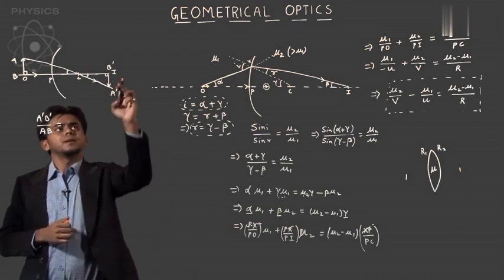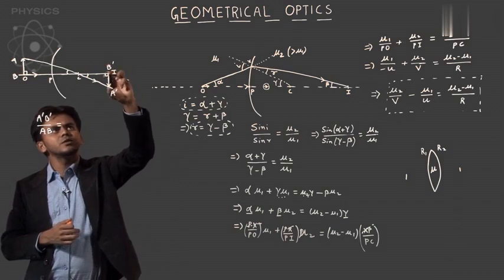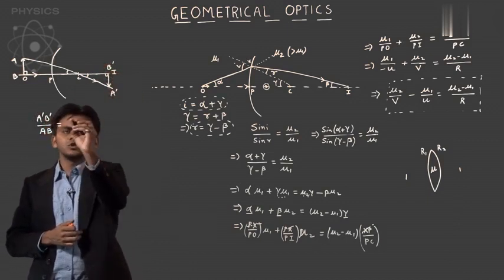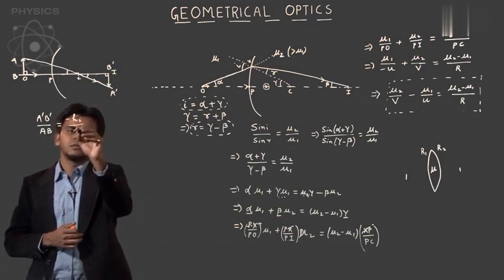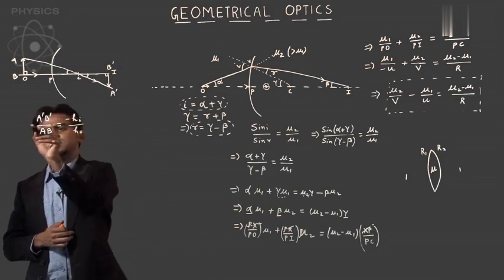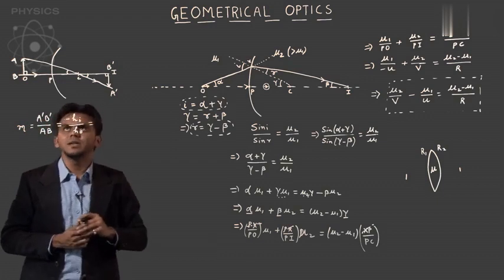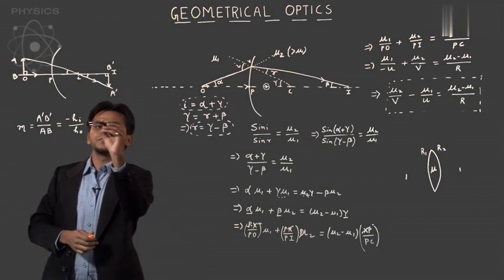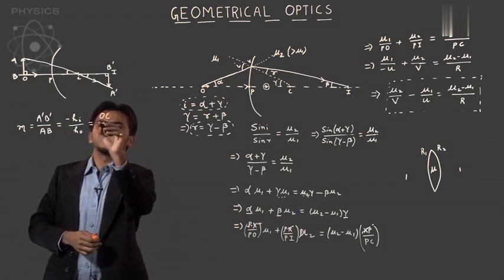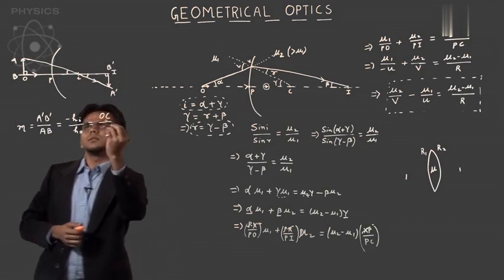So over here, this height over here is of a negative value. So I'll just write a minus h of the image by h of the object. This is your magnification, and this is nothing but this length OC upon CI.